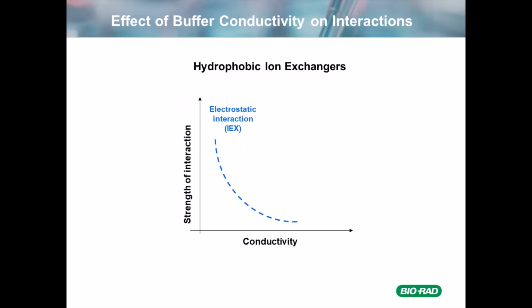The same idea can be applied to the hydrophobic anion exchangers. However, the situation gets a little more complicated, because if we increase the conductivity of the elution buffer to minimize the electrostatic interaction between the ligand and the target protein, we might actually enhance the hydrophobic interaction between them.